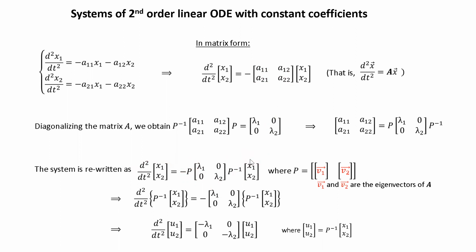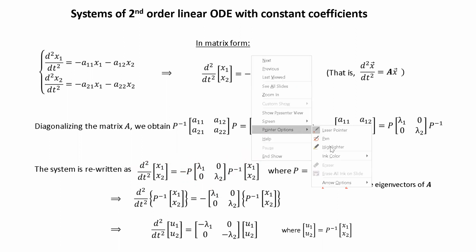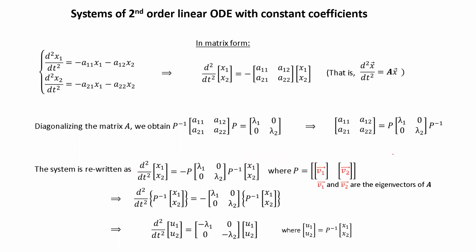I'm putting this P to the left-hand side like this. So P inverse, second derivative of the variables, equals this.